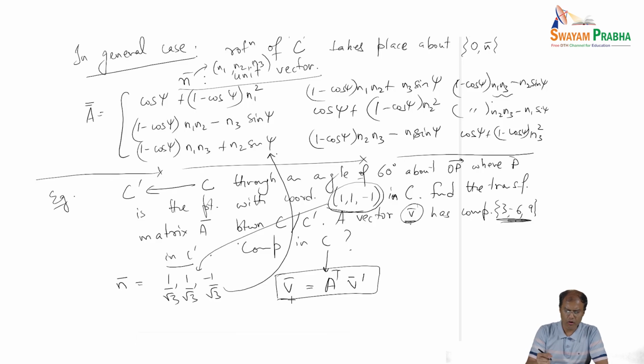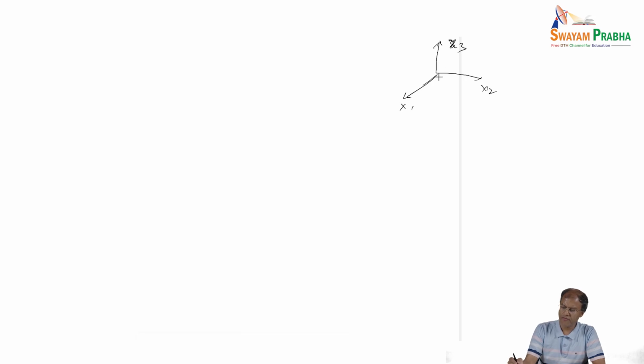Similarly, let us talk about the operation of reflection. When we are talking about a reflection of a coordinate axis, it is with respect to a plane. Let's say we are drawing a coordinate axis again: x1, x2, x3, and we are reflecting about the xy plane, the OX1, OX2 plane.